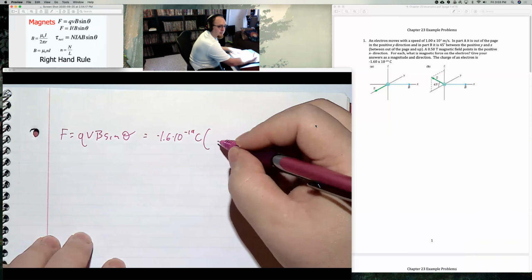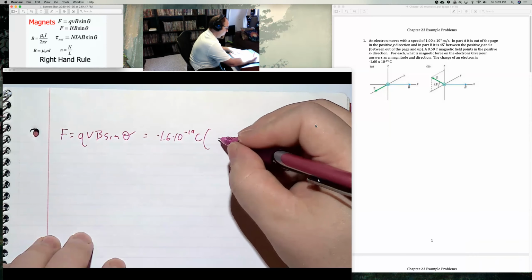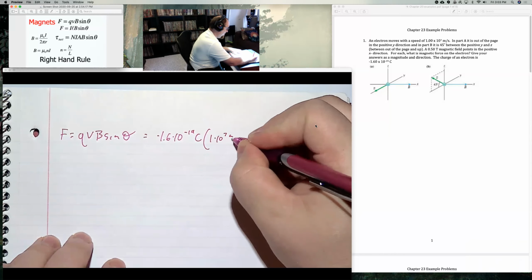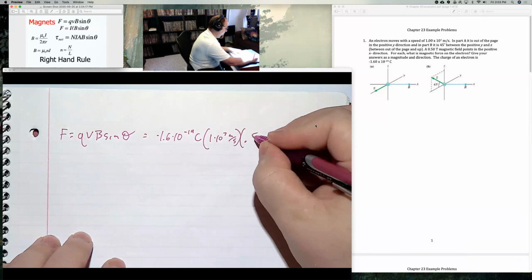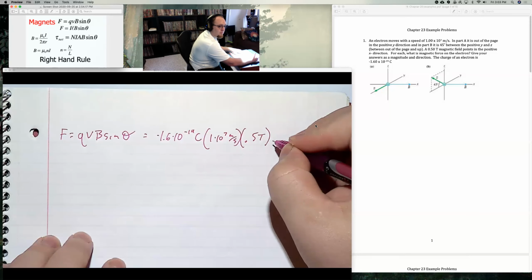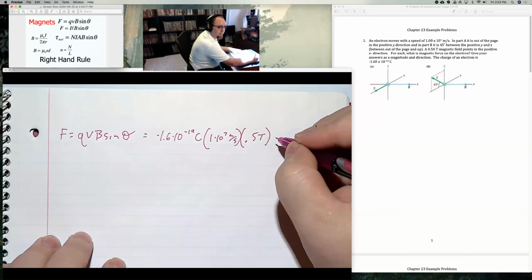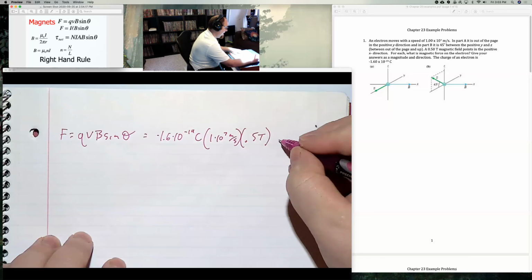The velocity of the electron is 1 times 10 to the 7th meters per second, times the magnetic field, 0.5 Tesla, times the sine of the angle.